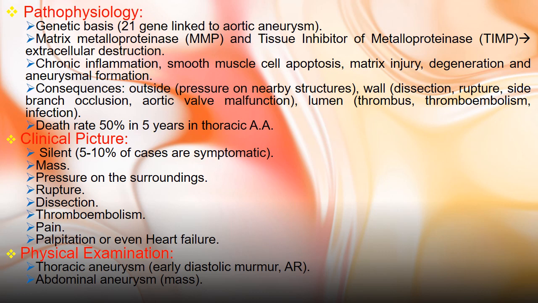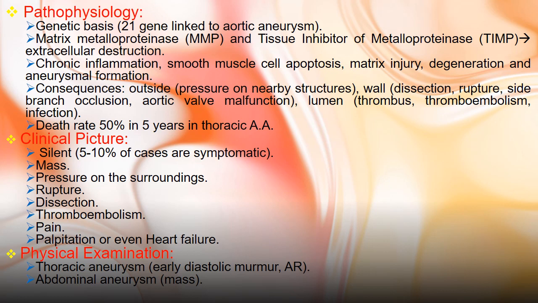Some materials such as matrix metalloproteinases and tissue inhibitor of metalloproteinases cause destruction of tissue matrix and thus weakening of the aortic wall, and this will add more to the dilatation of the aorta. In addition to chronic inflammation, smooth muscle cell apoptosis, and matrix injury, degeneration, and aneurysmal formation.